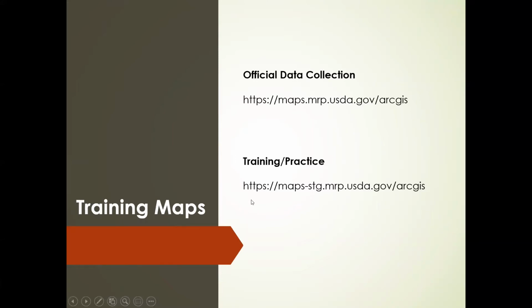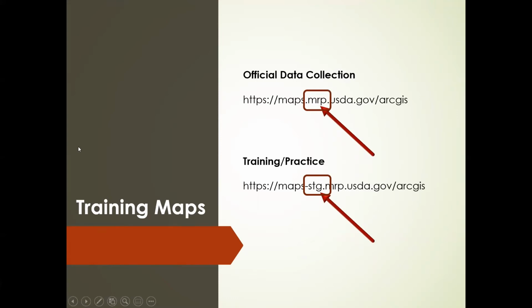And then we have a stage environment, maps-stg or stage.mrp. And this one is where that copy or the training version of that map is held. And we really do want you to have that option. I'm going to give some little boxes around it here so you see the little difference. We still have MRP, but we've got -STG.